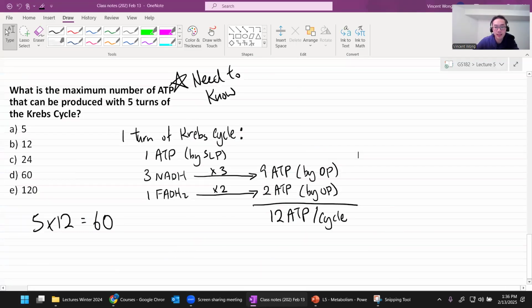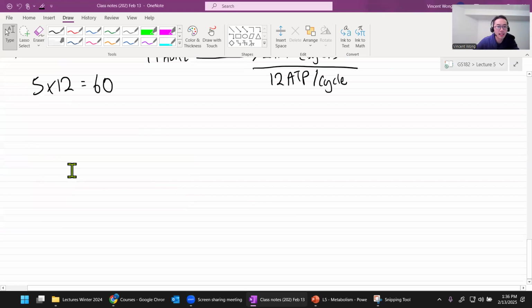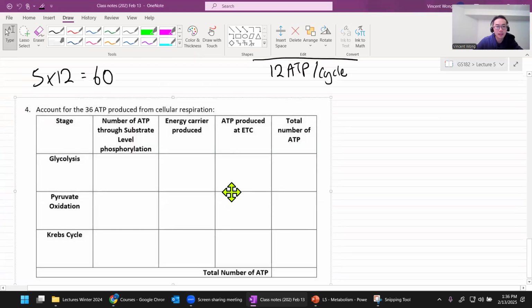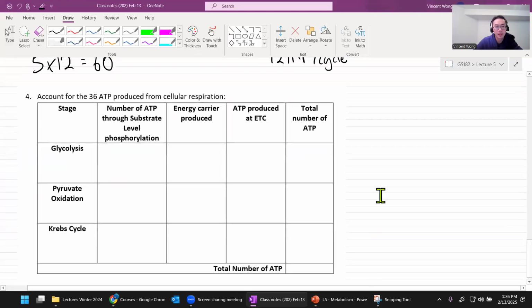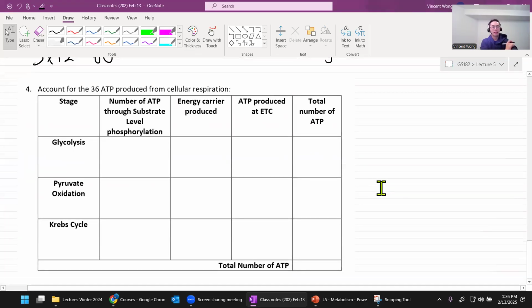Let's account for the 36 ATP that can be produced over here. This is in the study guide, and we have the 3 different stages here. We can produce ATP directly, and we can produce ATP through energy carriers at the ETC, which is called oxidative phosphorylation.